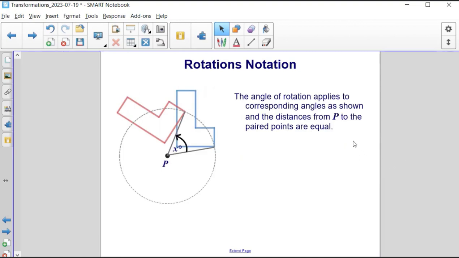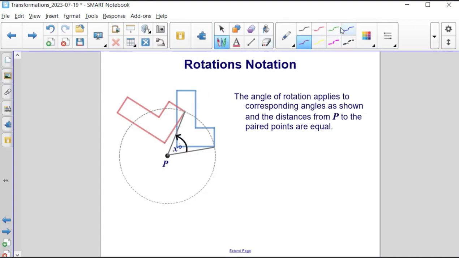The angle of rotation applies to the corresponding angles as shown, and the distances from P to the paired points are equal. So from this point to P, we're going to travel that same distance from P to our new point by that same angle.